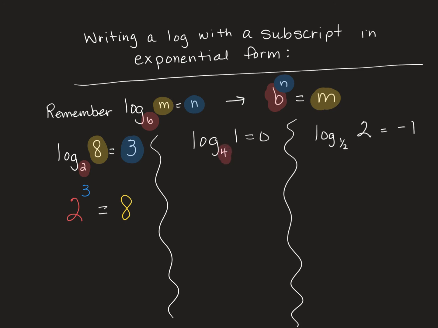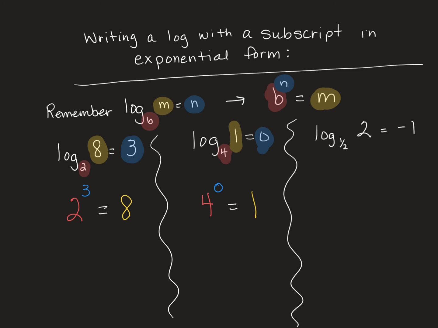This is my base number. This is my exponent, and this is my number next to the word log. So this is 4 to the 0 power equals 1. Do you see how I'm taking it out of logarithmic form and putting it in exponential form?